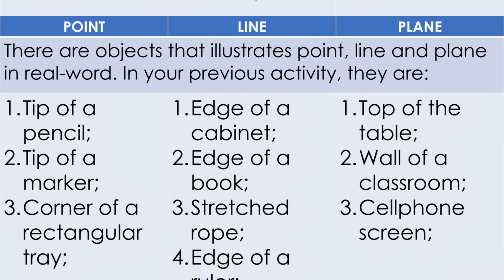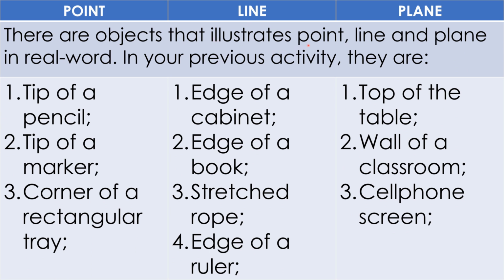Now, there are objects that illustrate point, line, and plane in the real world. In your previous activity, they are tip of a pencil, tip of a marker, corner of a rectangular tray. These three examples are examples of a point.